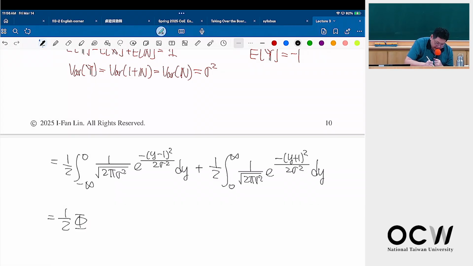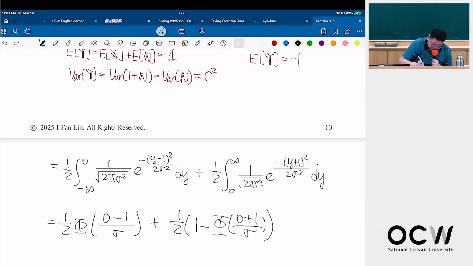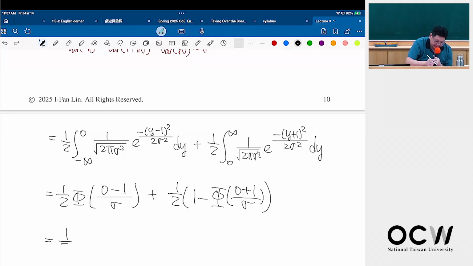We can write this as a phi function with mean and over sigma, and then simplify it.